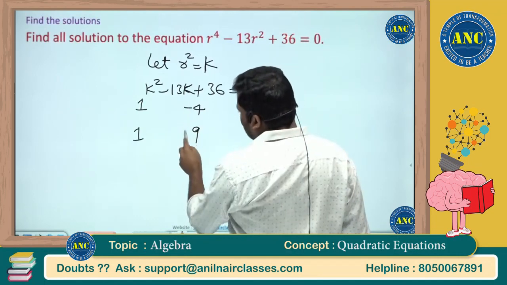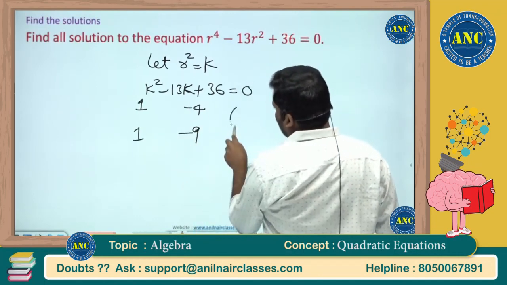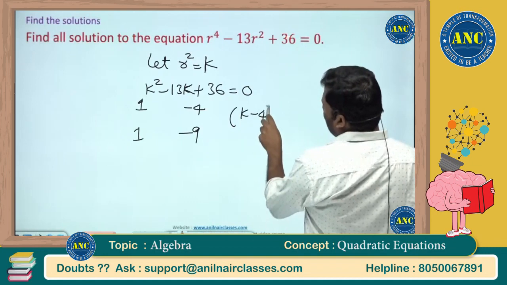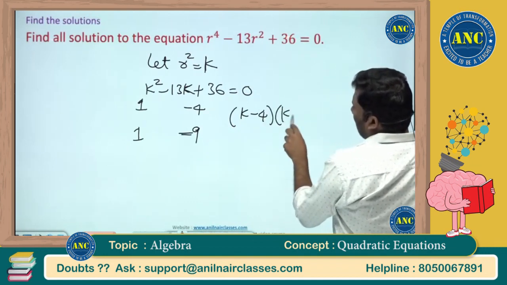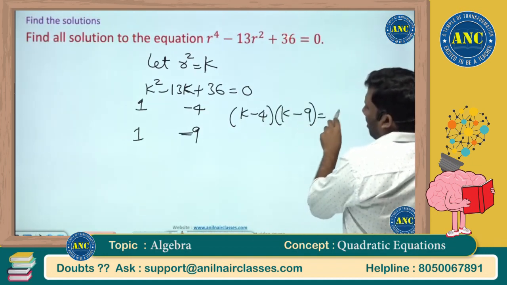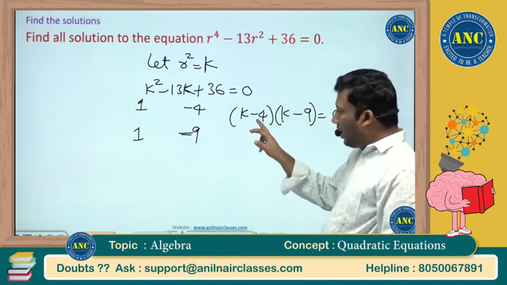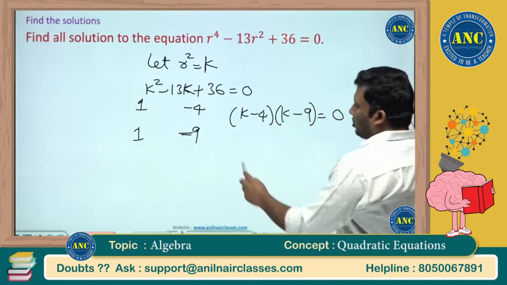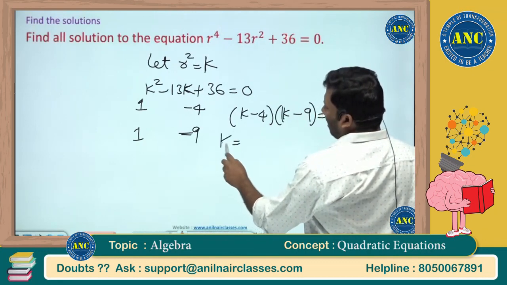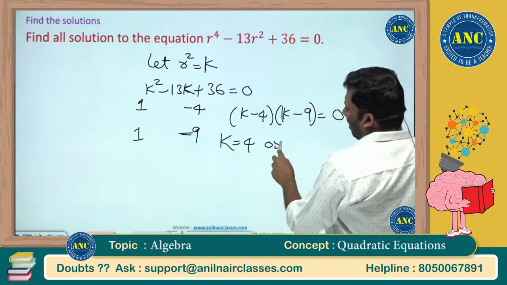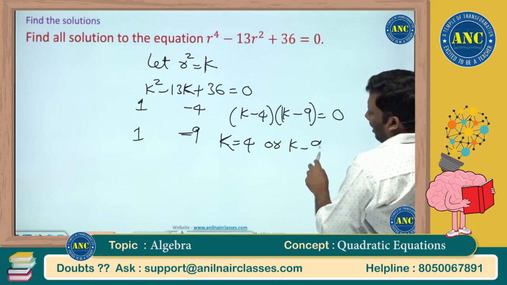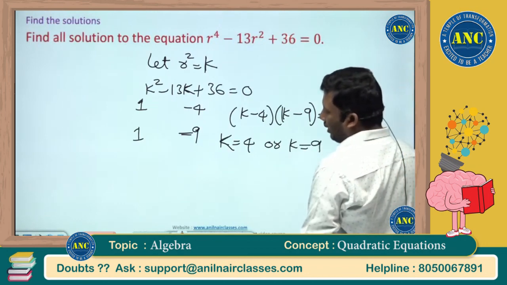I want minus minus. So it is K minus 4 into K minus 9 equivalent to 0. Either this should be 0 or this should be 0. That means K equivalent to 4 or K equivalent to 9.